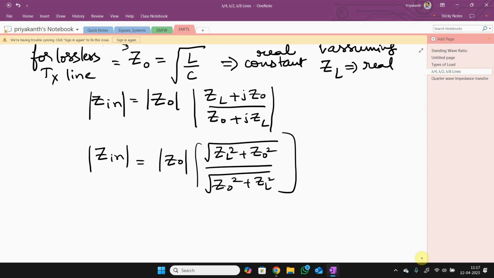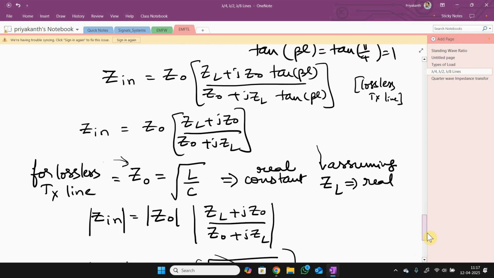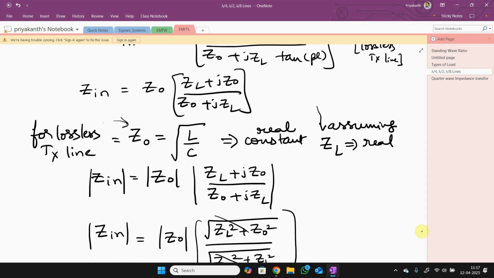Can you see they get cancelled? So mod Zin is equal to mod Z0. In this case, Z0 for a lossless transmission line is already a real constant, and based on the assumption that ZL is real.